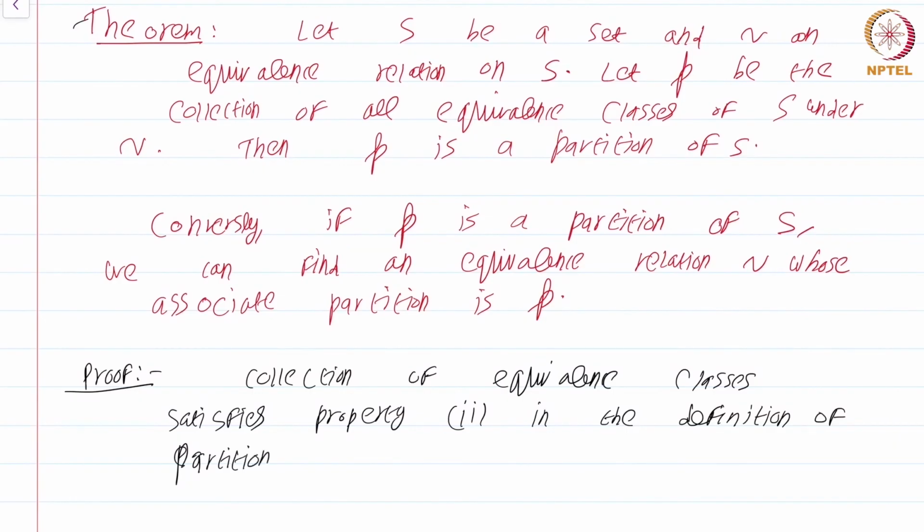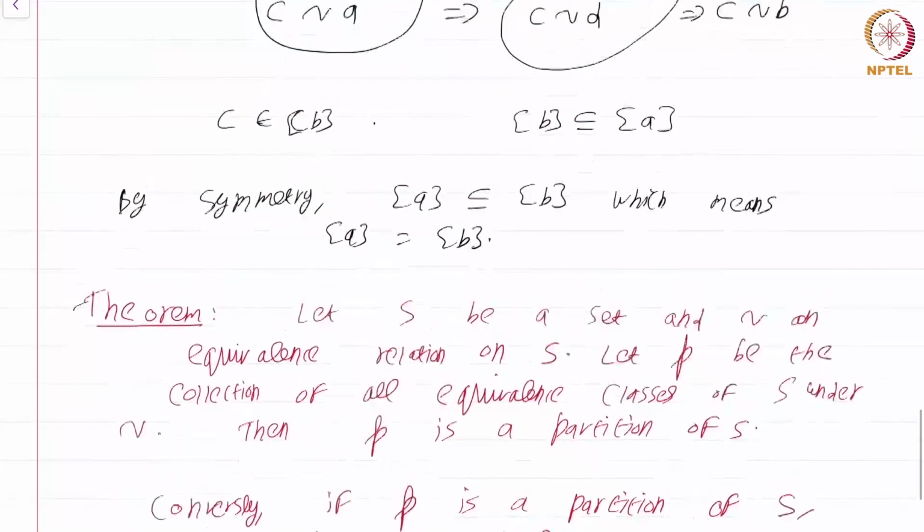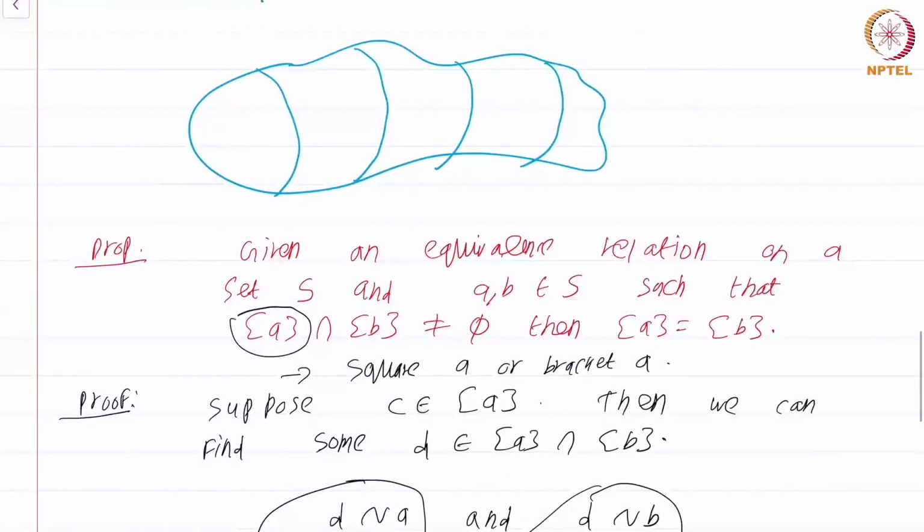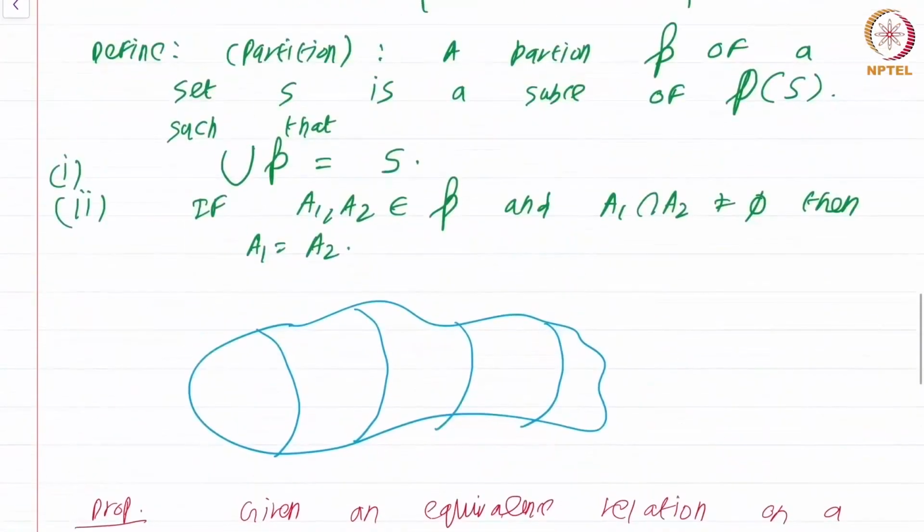That is, we just showed in the previous proposition that if two equivalence classes intersect, then they must be identical, which is exactly what condition 2 in the definition of partition states.